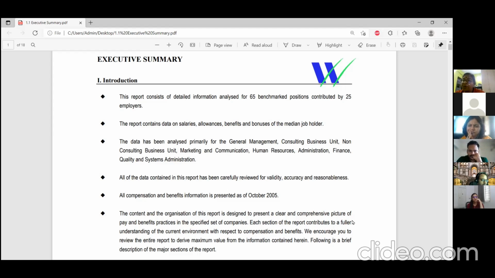You definitely want to identify the market salary for those positions. When identifying benchmark jobs, it has to cover 50 to 60% of your jobs, cutting across all levels, not concentrating only on top level jobs or lower level jobs, and cutting across all functions.